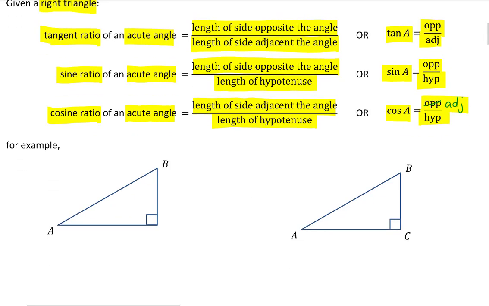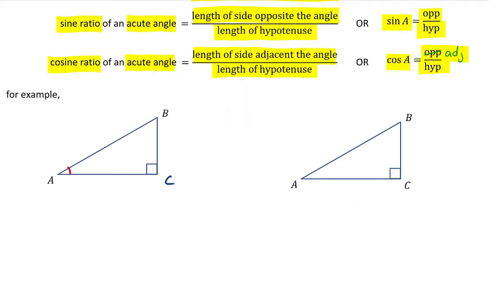Alright, so for example, let's say I have the following triangle. So if we focus on angle A, first of all I want to know what side is opposite angle A, what side is adjacent, and what side is the hypotenuse. Well, we all know the hypotenuse is across the 90-degree angle.